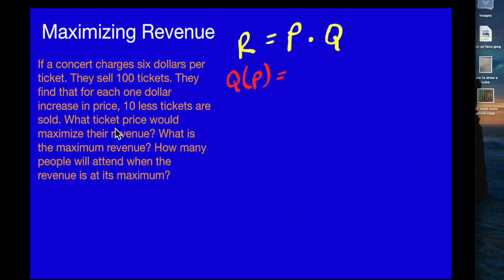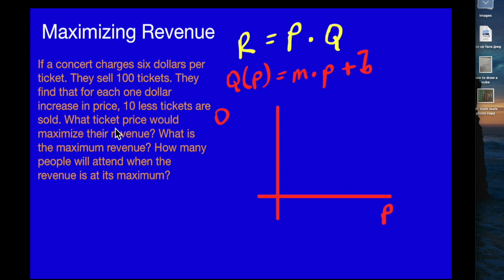So we want to create a linear function, where we're going to have a slope times the price plus b. Along the x-axis is the price, that's your input, and here it's going to be quantity as a function of the price.